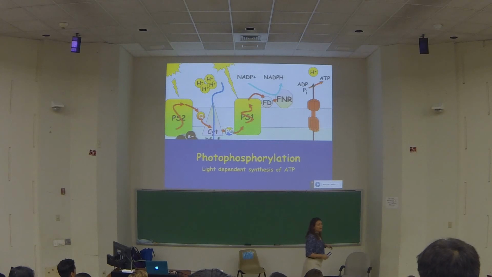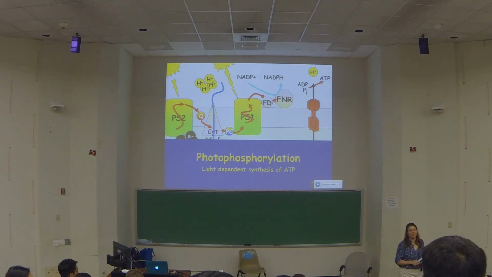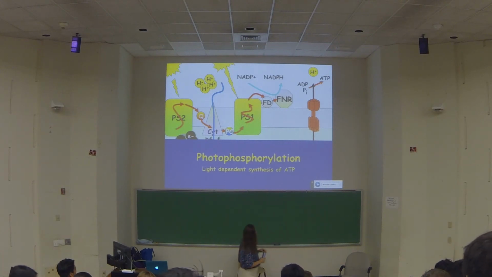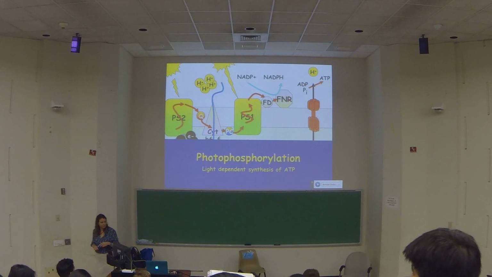You should be able to draw that, yes. You should know the specific names of the complexes. There's only 7 of them. 2 of them are the same, photosystem 2 and photosystem 1.